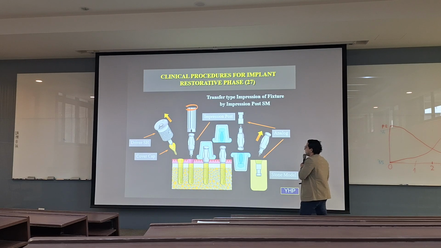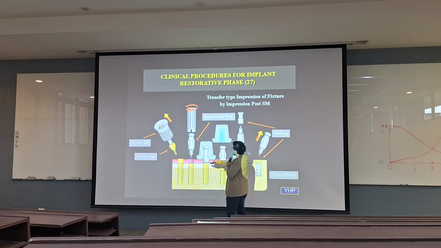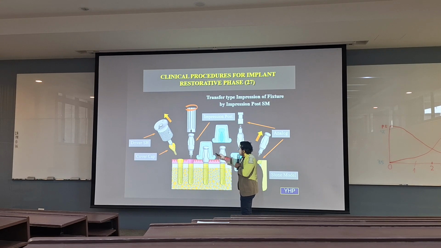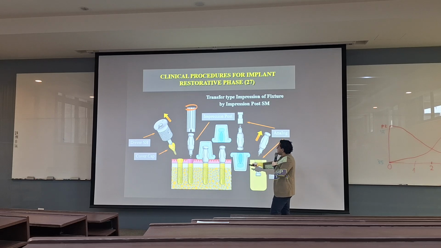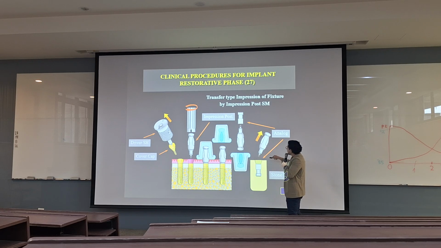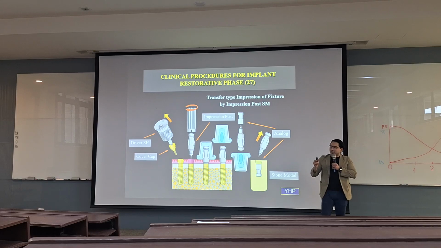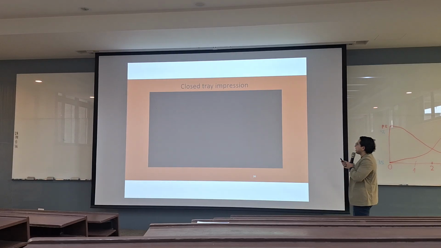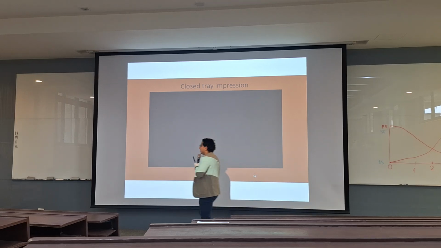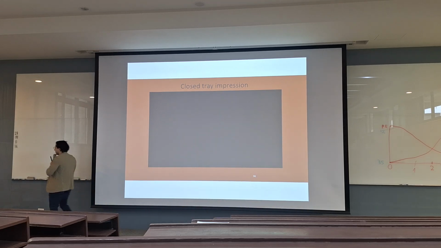What does that mean? It means that we will remove the healing abutment, put the impression coping, take the impression, remove that impression coping, and put it in the stone. It looks a little bit complex, but I got you a video so we can see it step by step.